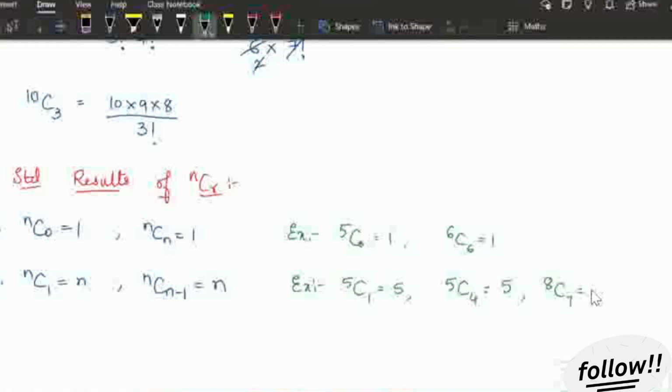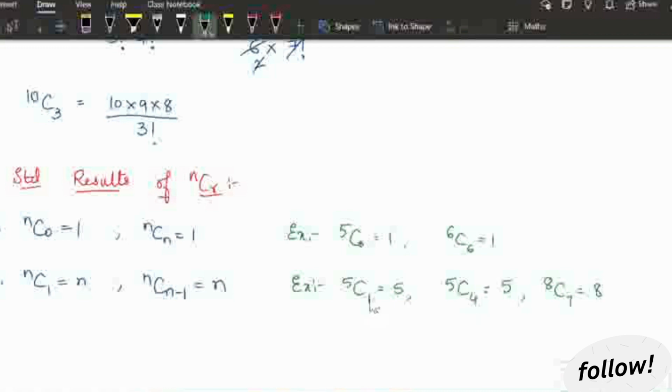So what will be the answer? No one. nC(n minus 1): if r is 1 less than n, the answer is going to be n itself. Okay. So here the answer is 8.